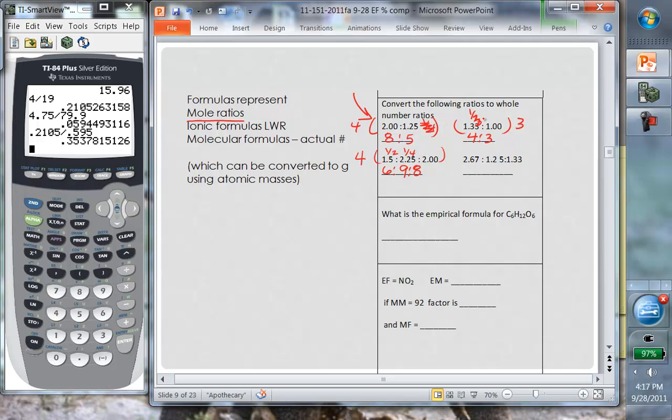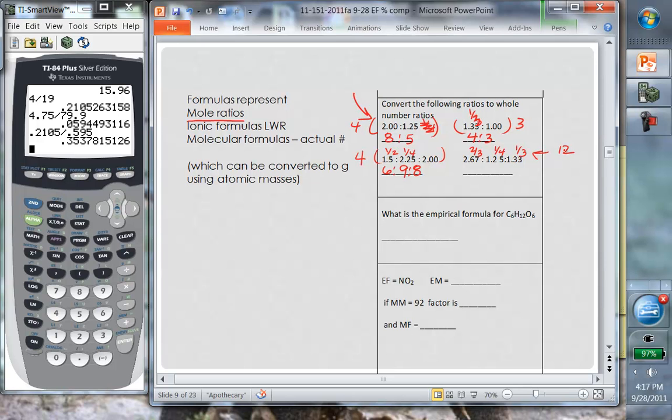And for the last one, 0.67 is 2/3, 0.25 is a quarter, and 0.33 is a third. The lowest common multiple of these is 12.